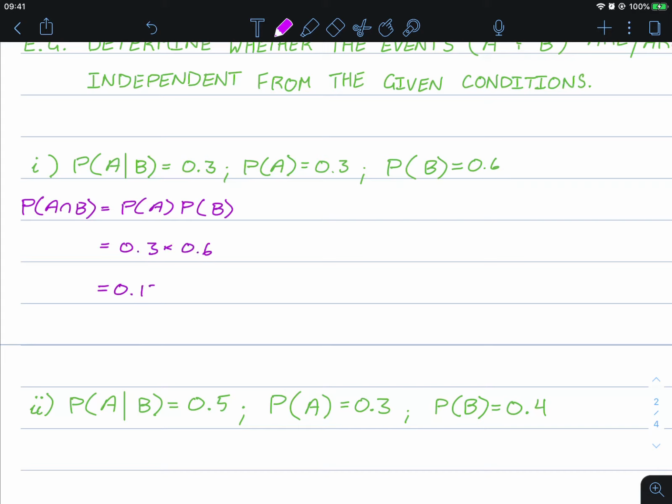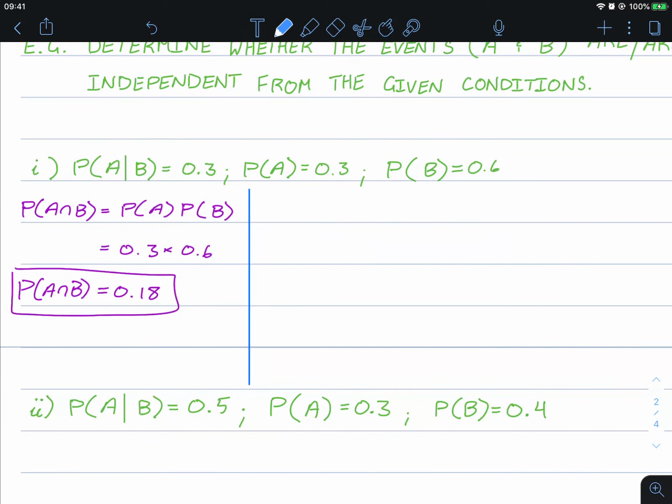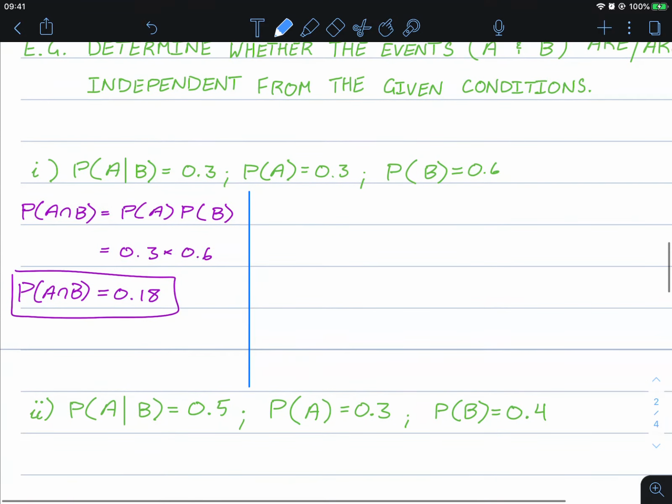That's 0.18. So this is what we are looking for: the probability of A intersect B to be equal to 0.18. We are looking for this in what we've been given. So let's figure out and work with what now we've been given. So this is our target.